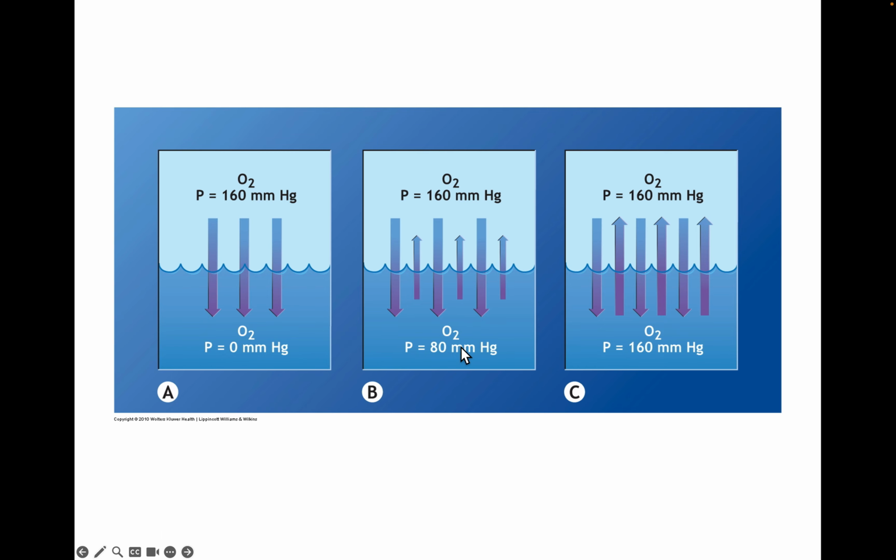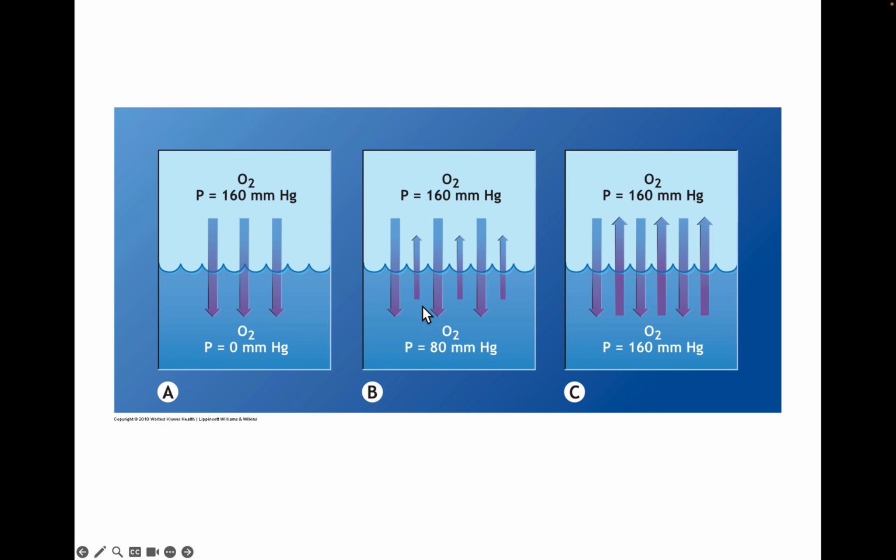Now let's take a look at another scenario. Same amount of oxygen in the top, but on the bottom we have some oxygen, specifically 80 millimeters of mercury. What you'll notice is that, just like before, a lot of oxygen goes from an area of higher pressure to lower. But diffusion means that the gas particles act randomly, and some of the oxygen molecules will bump back and go across the membrane the other way.